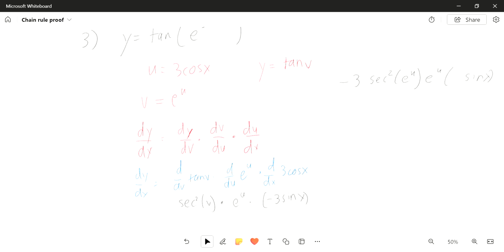And now we still have u, which we need to get rid of. So now that means e to the power of u becomes, well, secant squared of e to the power of cosine x. Sorry, my bad, 3 cosine x, multiplied by e to the power of 3 cosine x times sine x. And that's our final derivative.